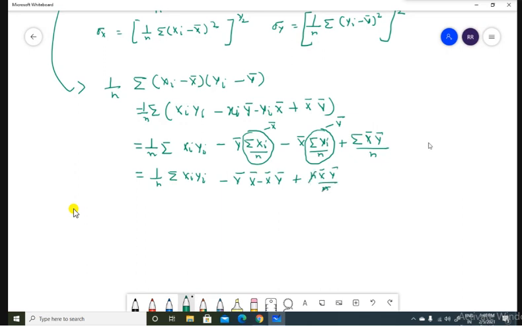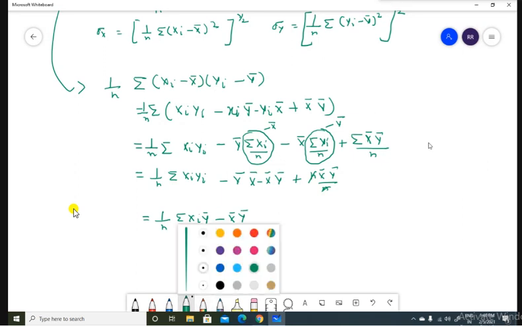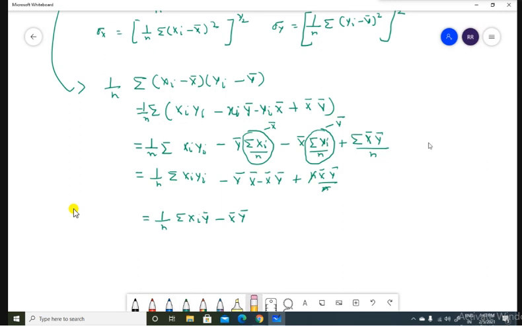So the covariance of x y can be written like this, and the resulting correlation coefficient can be obtained by this.